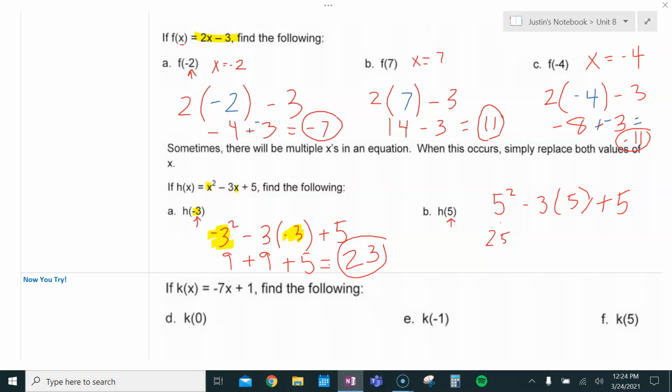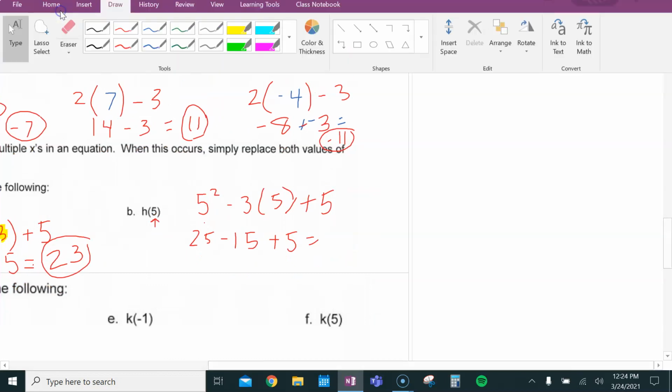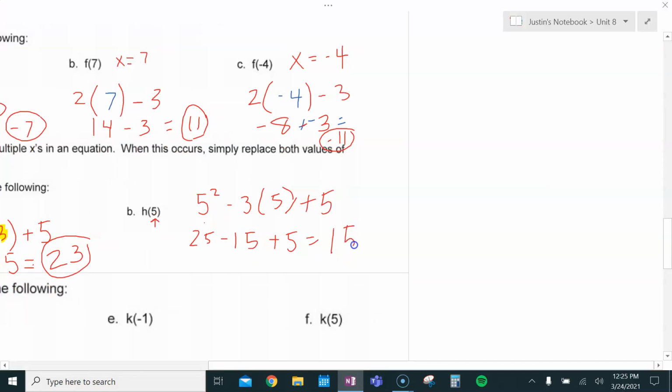Negative 3 times a 5 here is going to give you negative 15. And then lastly, just add on that plus 5. When you do out the math here, 25 minus 15 is going to give you 10, and then 10 plus 5 is 15. So my answer here would be 15.